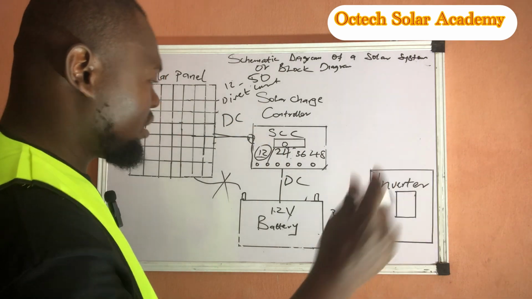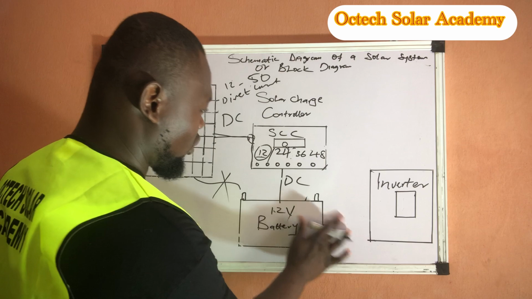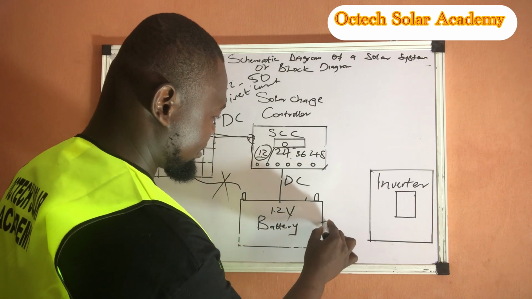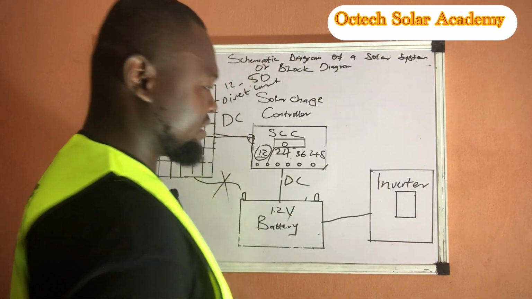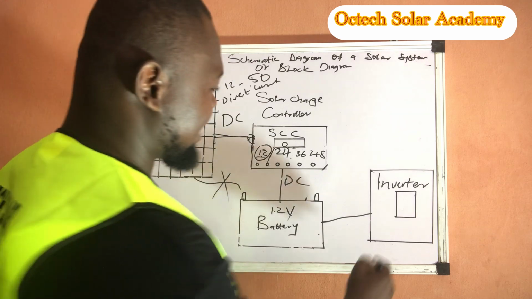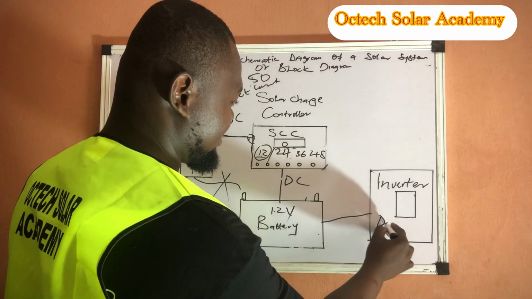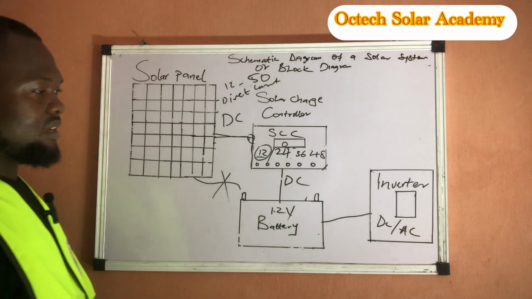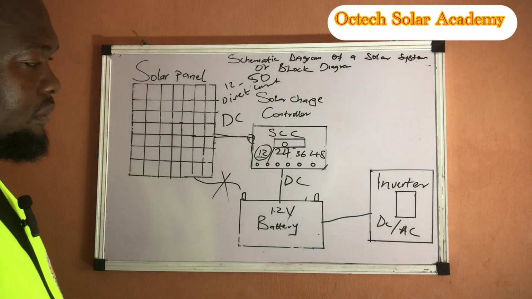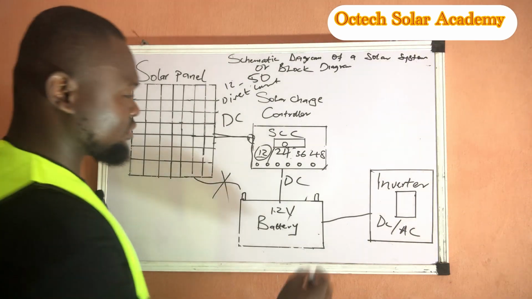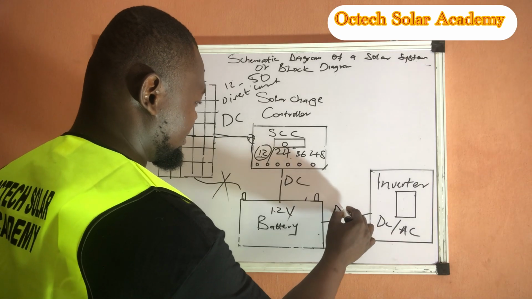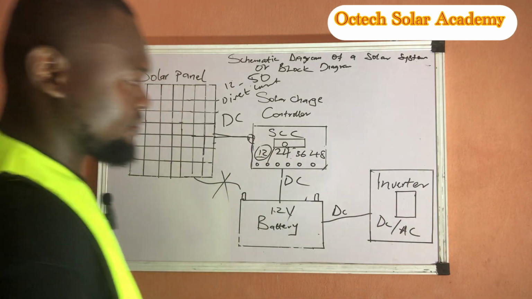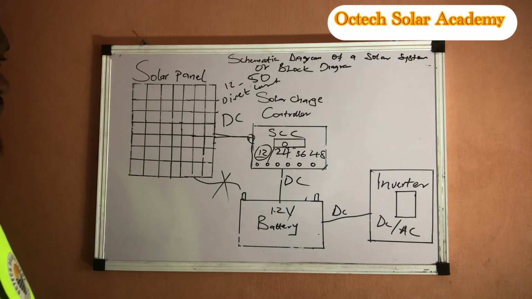Now, we have another component, which is the inverter. This inverter has a DC input and it also has an AC output. We still have our DC going to this inverter.